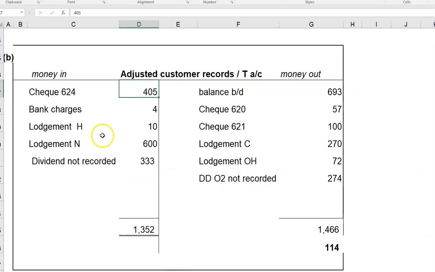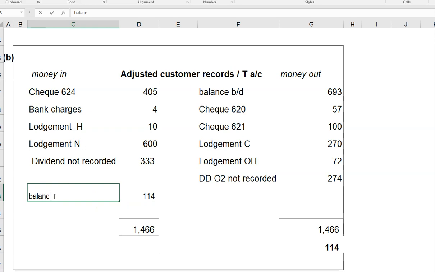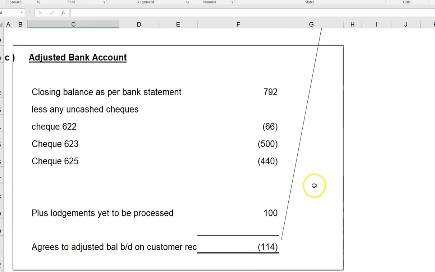And this is what it looks like if you have the descriptions in. If I did the balance carry down, so 114, and then that's the adjusted bank statement. So thanks for watching.